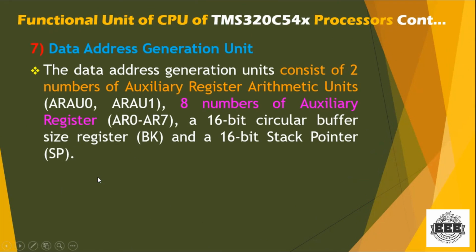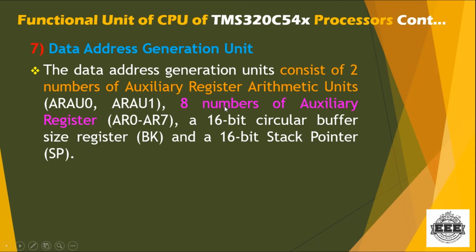Here the next unit is going to be a data address generation unit. The data address generation unit consists of two auxiliary register arithmetic units, that is ARAU0 and ARAU1. So AR means auxiliary register, okay, so that is called auxiliary register arithmetic units.